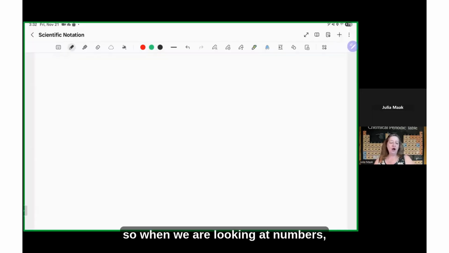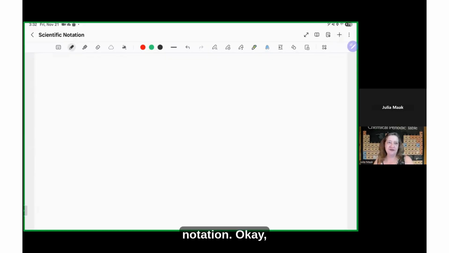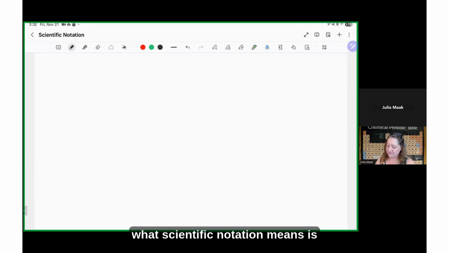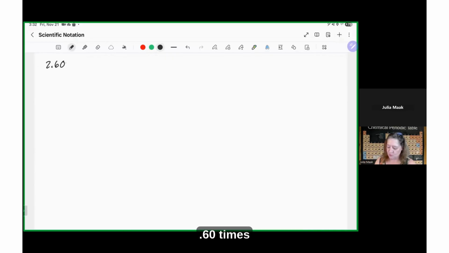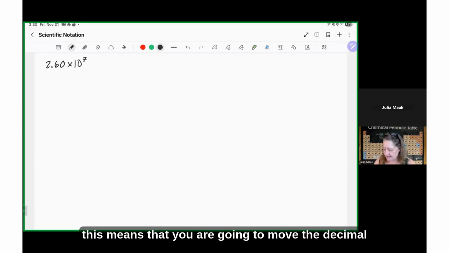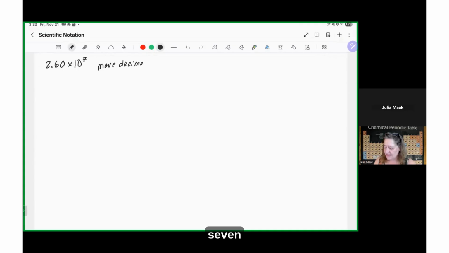Okay, so when we are looking at noting numbers in scientific notation, what scientific notation means is, if I gave you a number that was 2.60 times 10 to the 7, this means that you are going to move the decimal 7 places in the positive direction.